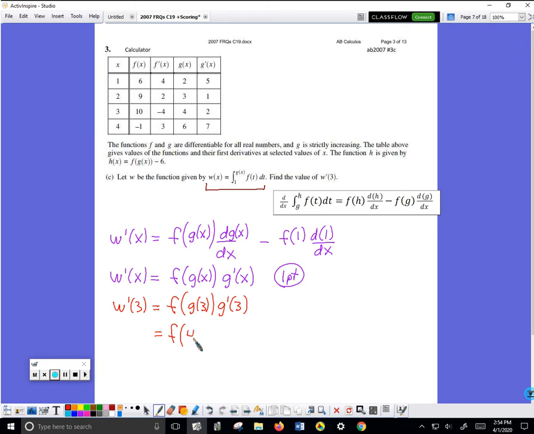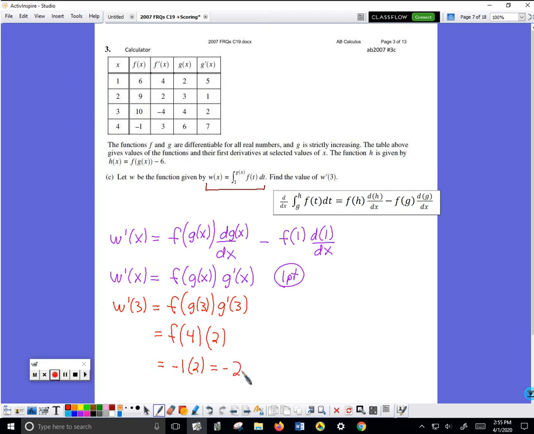So I have f of 4 multiplied by, again, g prime of 3 is 2. So f of 4 is negative 1. So negative 1 multiplied by 2, negative 2.